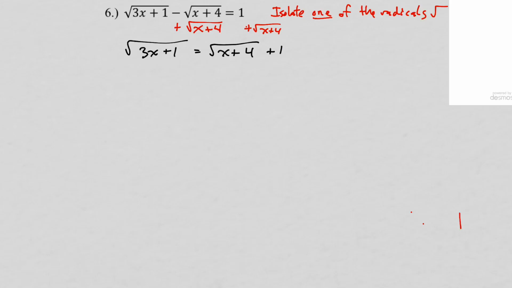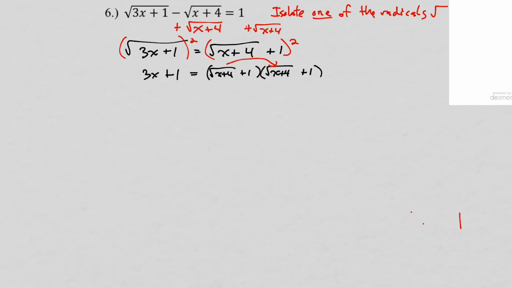So we need to go ahead and square both sides, and you can see it's going to create a nice little problem on the right side. Okay. So you could do the same pattern I did up there, if you know how to do that. I'm going to go ahead and separate this all out. So square root of x plus 4, square root of x plus 4, plus, so just repeat those and then do FOIL.